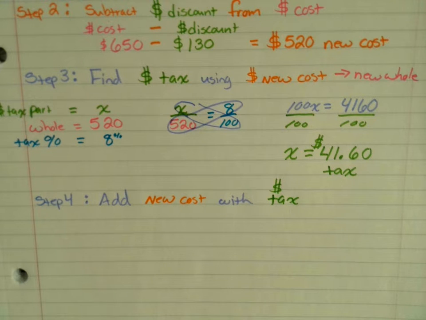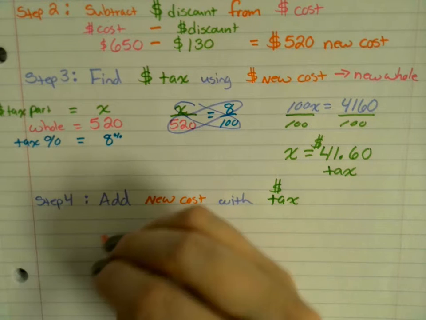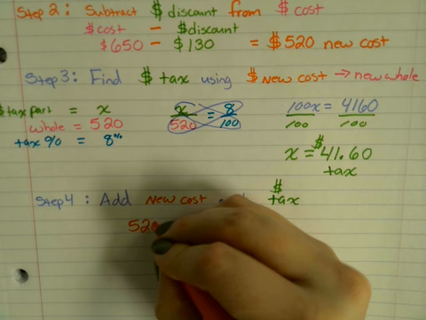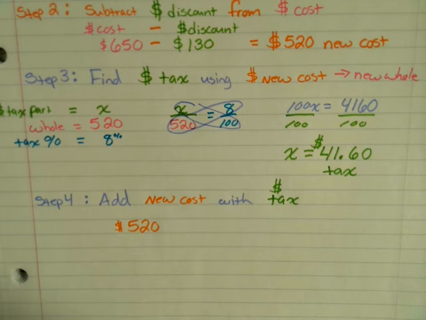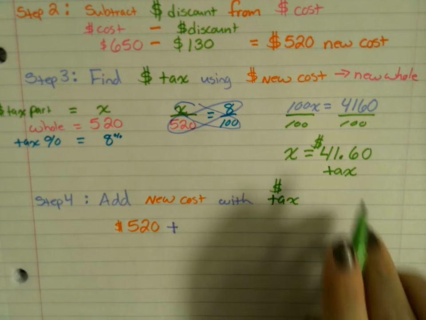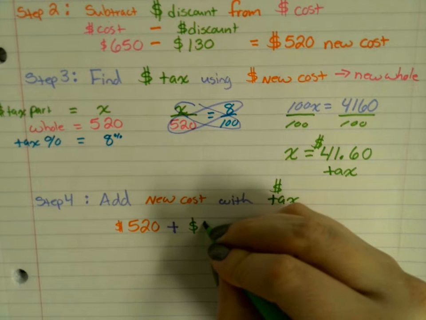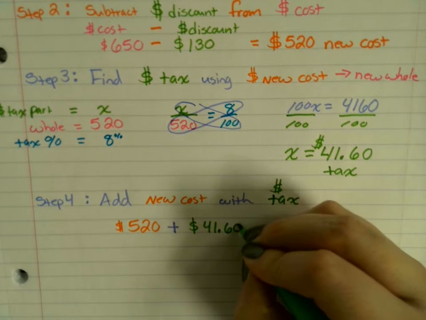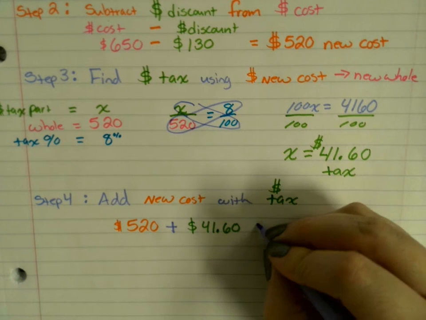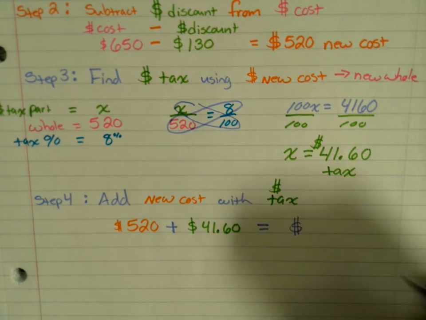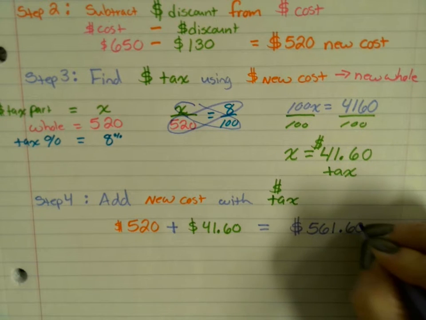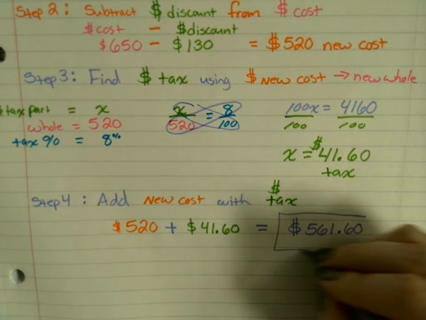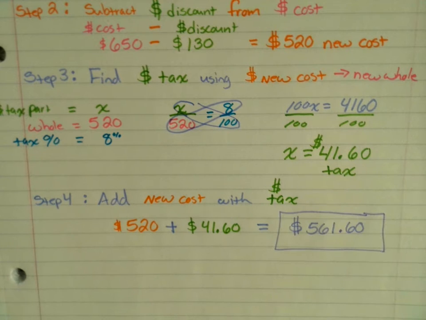So I'm going to take that new cost of $520 and add it with my tax, which is $41.60. And there's how much he'll pay, $561.60. That's how much he has to pay if he wants to get that laptop.